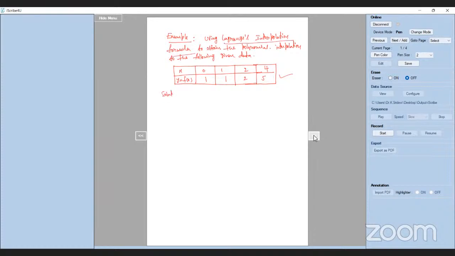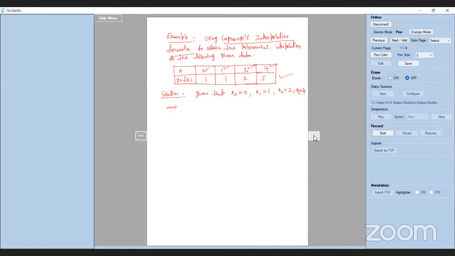So let us take the solution. Given the x values and y values: x0 is equal to 0, x1 is equal to 1, x2 is equal to 2, and x3 is equal to 4.